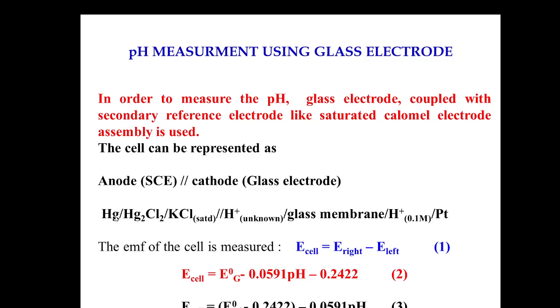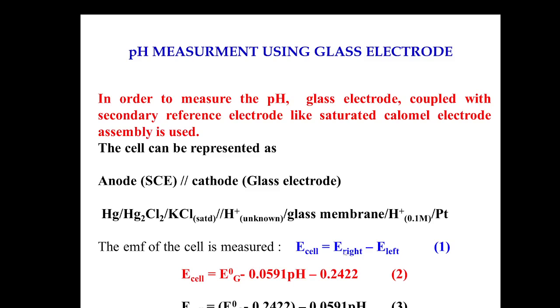So Hg in contact with Hg2Cl2 in contact with saturated potassium chloride solution, then salt bridge, and the glass electrode representation: H plus with unknown concentration, glass membrane, H plus with 0.1 molar concentration in contact with platinum or even AgCl, Ag. The EMF of the cell measured will be E cell equals E right minus E left.